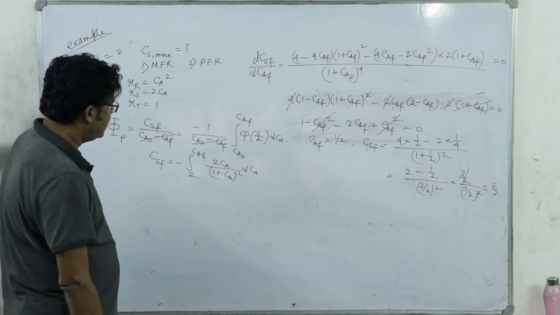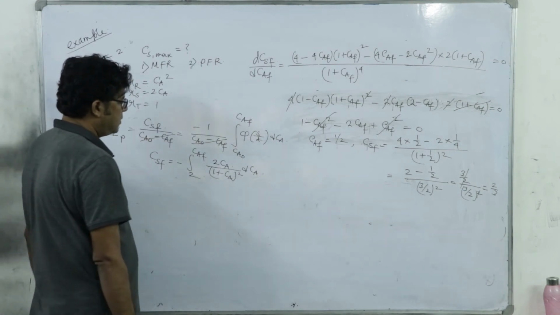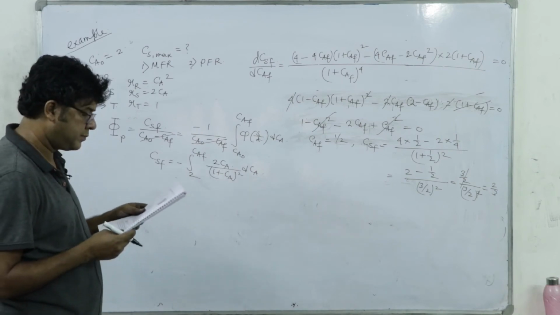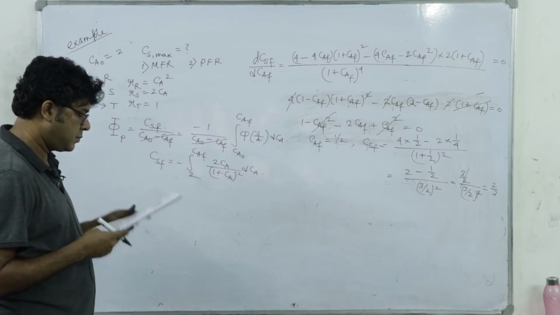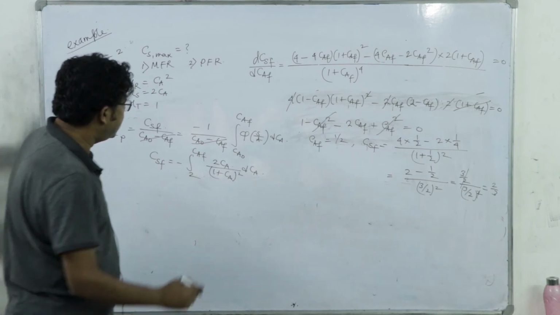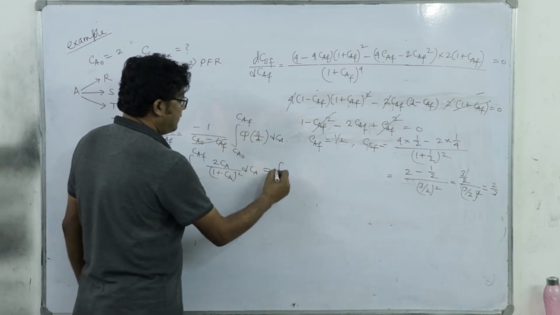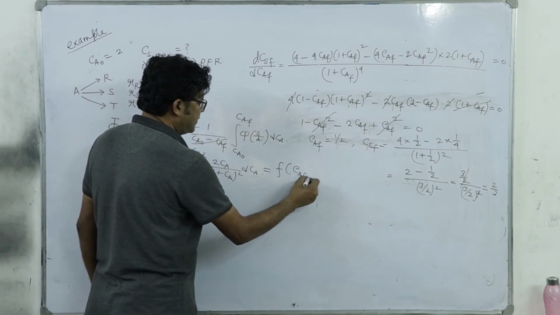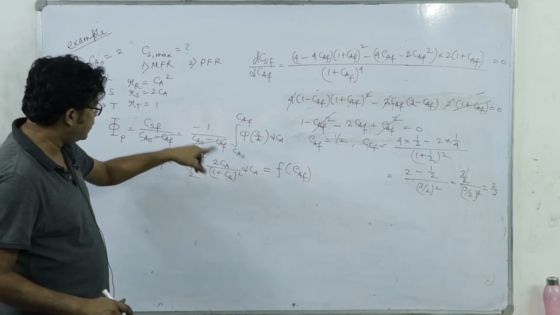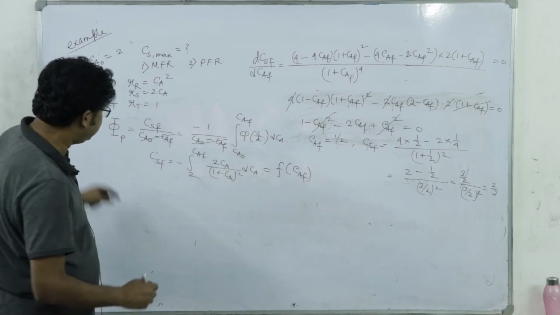So we have to integrate it, and we will get a function of CAF basically, because 2 is constant here. If you put the limits, you will get a function of CAF.